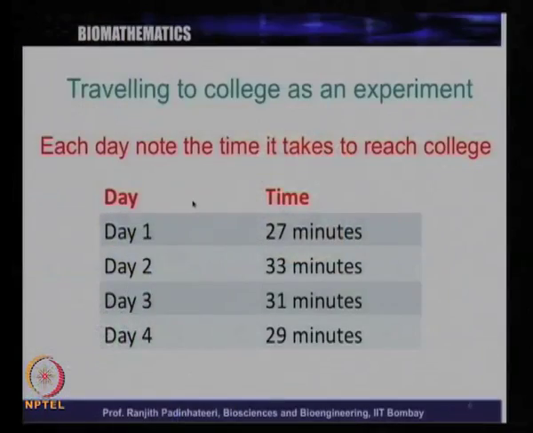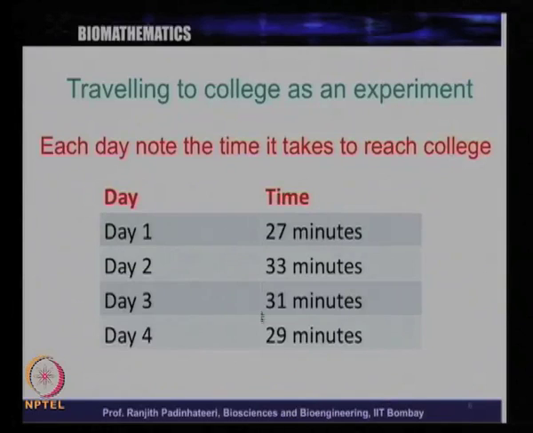Have a look at here. This is a typical example of a table, if you wish. We are thinking of traveling to college as an experiment, and each day we are noting down the time it takes to reach the college.